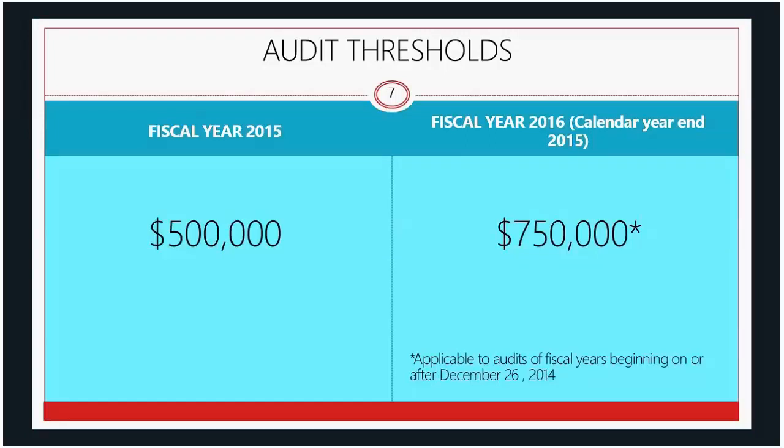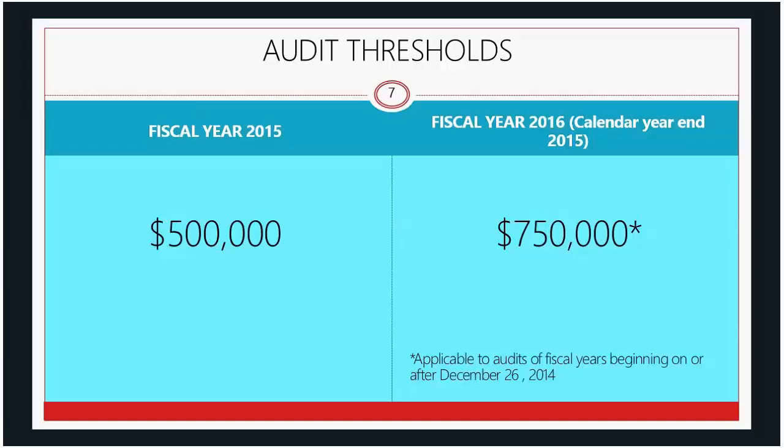So before we dive in, I'd like to talk about the change in audit thresholds. Currently, for fiscal year 2015, the audit threshold is for expenditures over $500,000. Beginning for audits with fiscal year beginning on or after December 26, 2014, which means calendar year end 2015, and for those June 30 year ends, it'll begin fiscal year 2016.